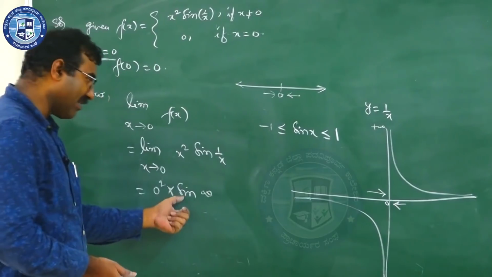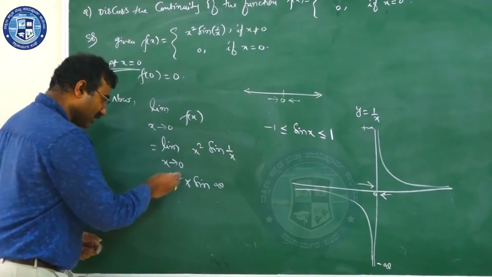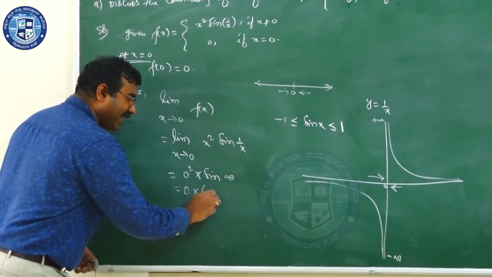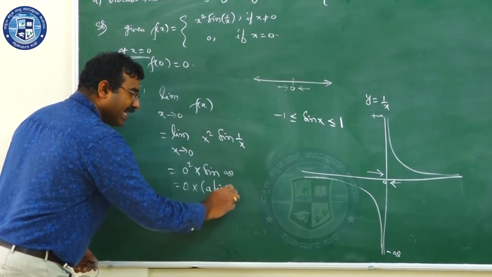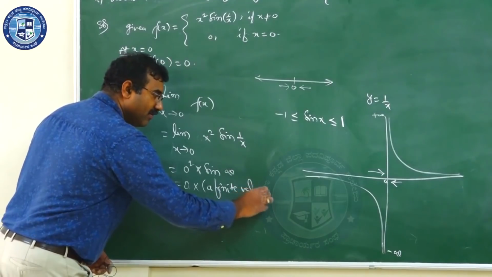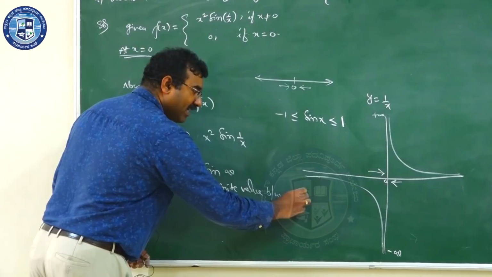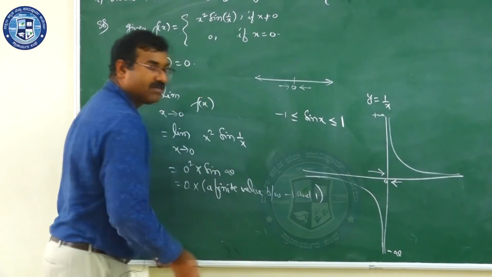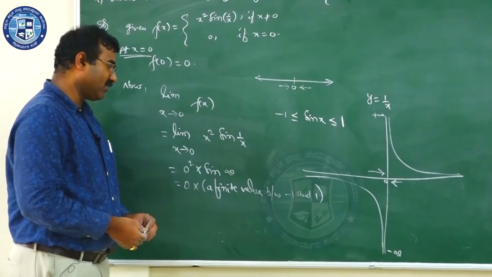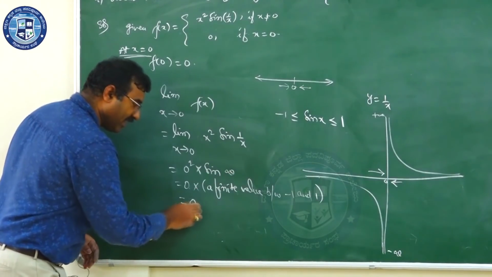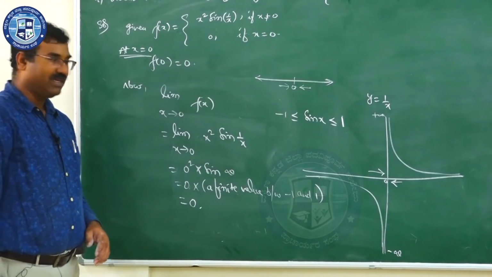So what do I write now in this place? 0 square is 0, into a finite value between minus 1 and plus 1. So 0 into a finite value is going to be 0, right.